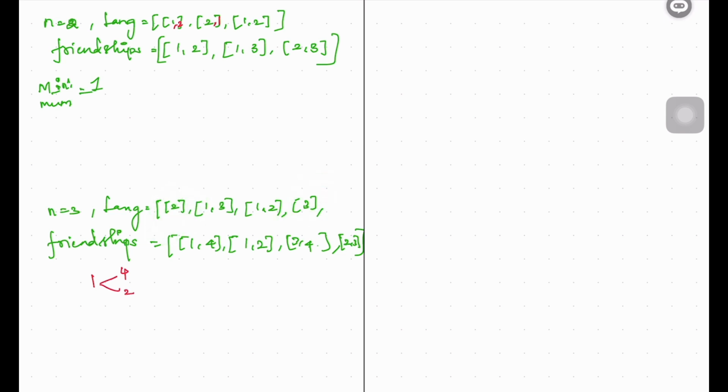Either make this one learn 3 or the other learn 2. Then 1 has a friendship with 2, which again has no common language, so either one has to learn 1 or 2. Also, we can teach only one language, as they have mentioned.